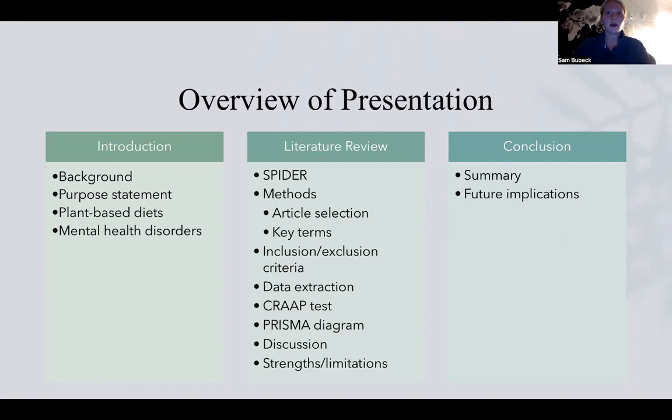So there were very many articles to begin with, in which I had to decide whether I wanted them to be in English, to only encompass one specific mental health disorder. I had many options, and I ended up deciding which criteria I would include and which I would exclude, which we will talk about in the next few slides.